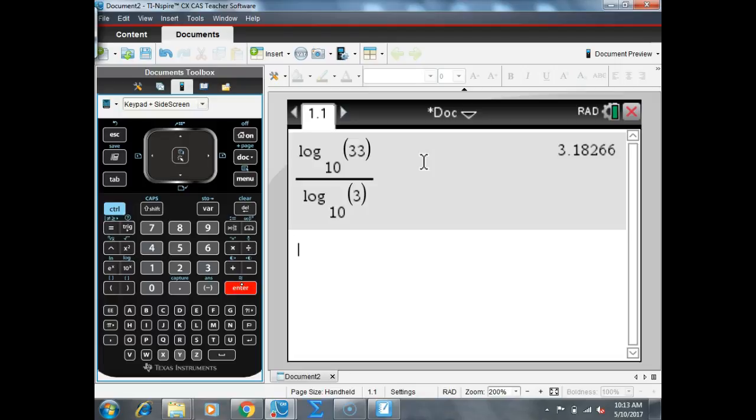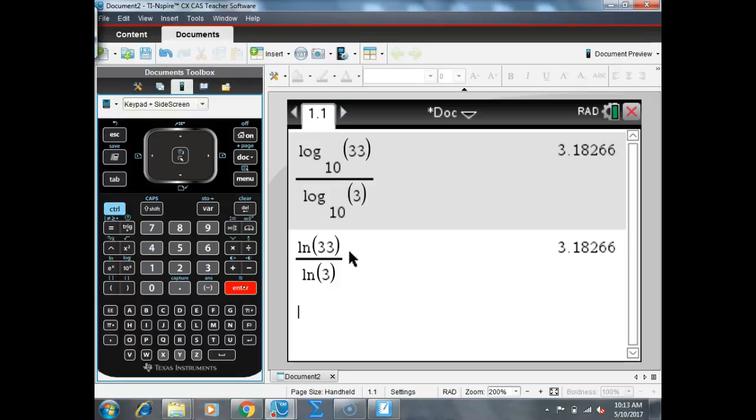That's one way of doing it. Another way of doing it is natural log of 33 divided by natural log of 3. It's the same answer.